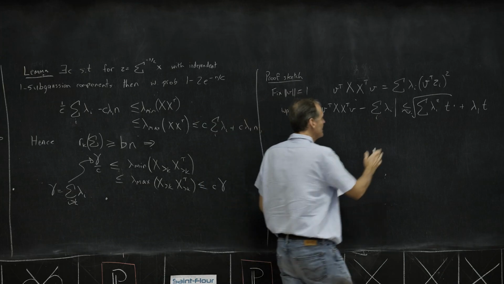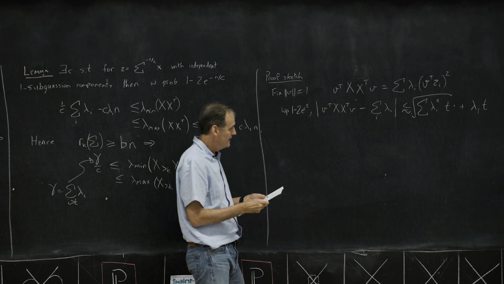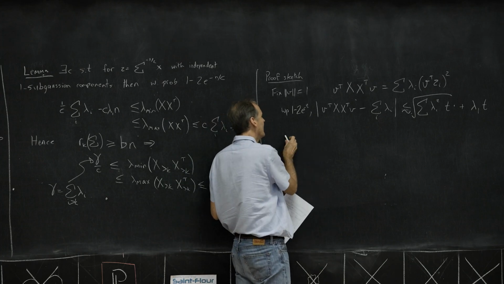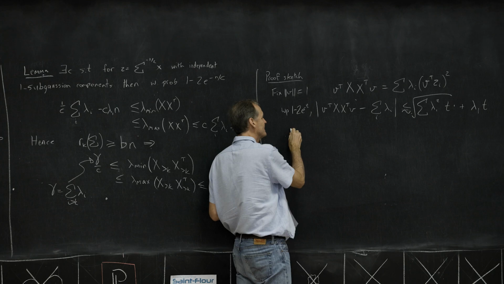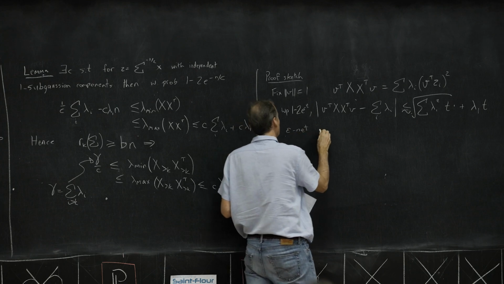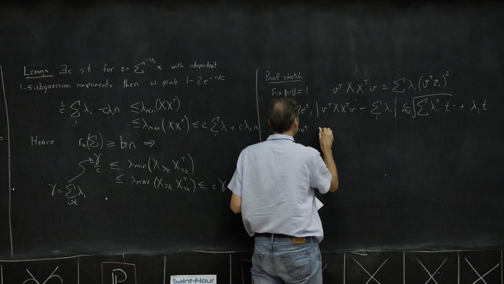We get something that looks like this, up to constants. So that's for a single direction. We can consider an epsilon net, for some constant epsilon, covering the sphere.